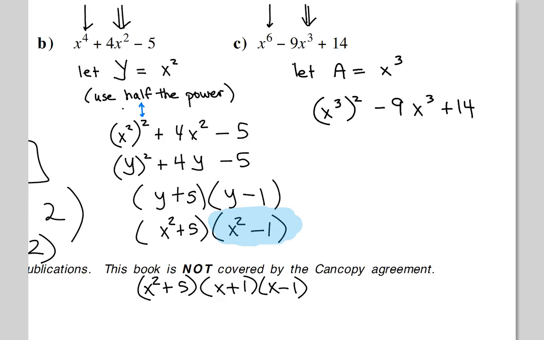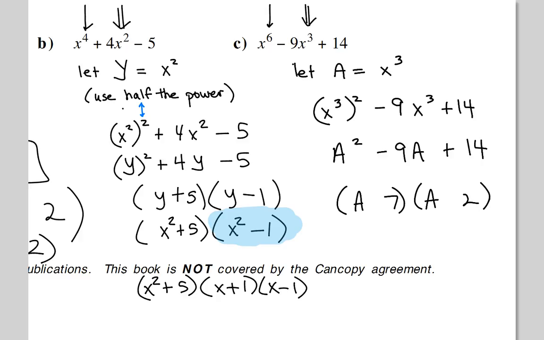We were going to let x cubed be capital A, so we have A squared minus 9A plus 14. We've seen this one already. It's 7 and 2. This time they're both what? To make a positive 14, you have to have them both negative. Now just put that x cubed back in there.